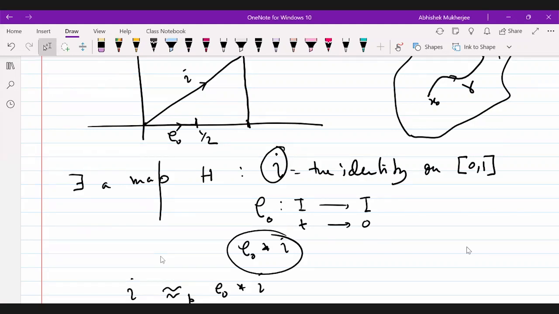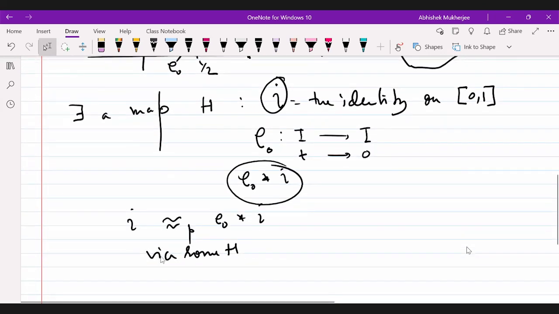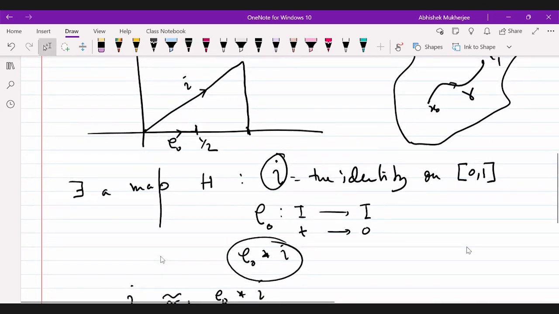Okay. And then you need to consider this I, which will be connecting this half with this point. Okay. So one path is along this locus, this I, and another one is starting from here, and from 0 to half it is 0, and from half to 1 it will be this one, right? You can check.